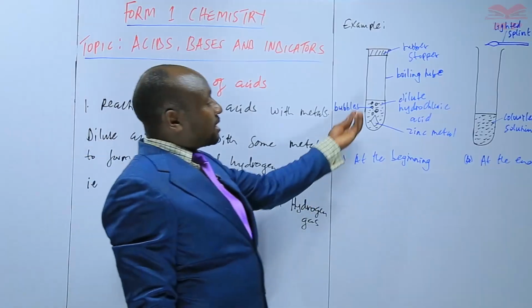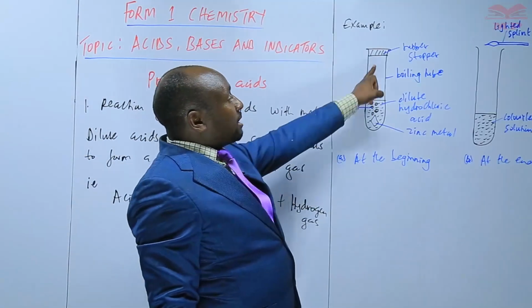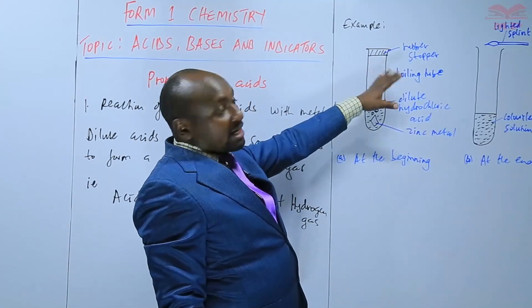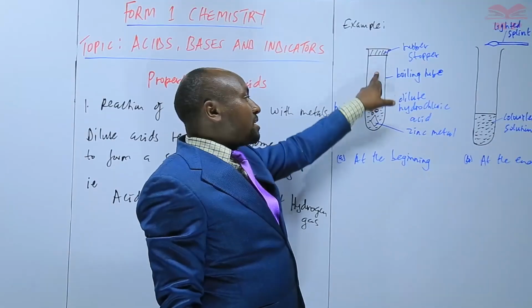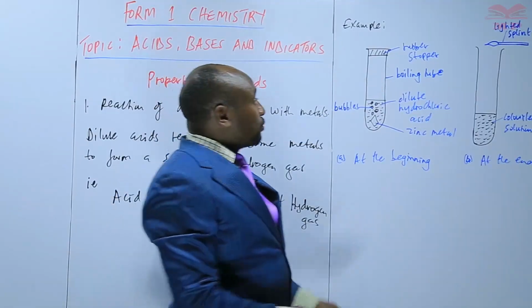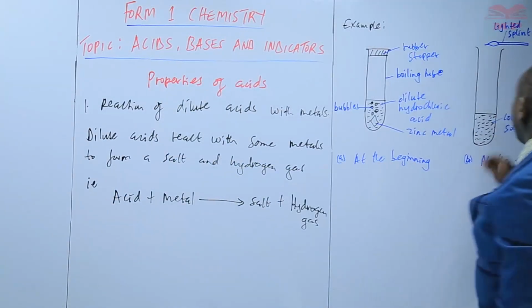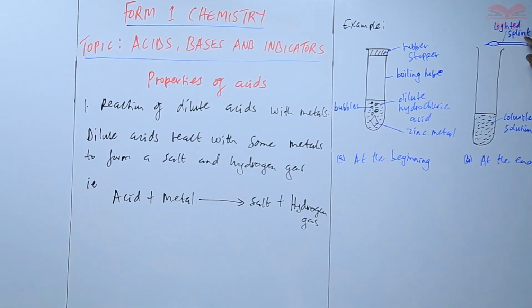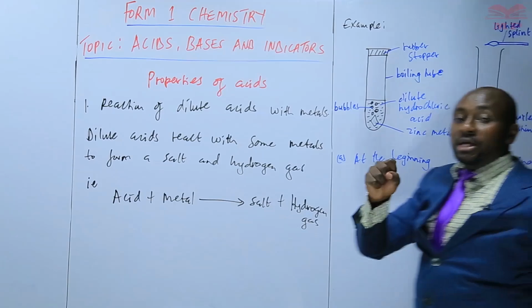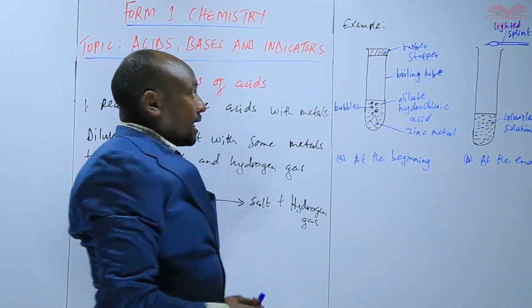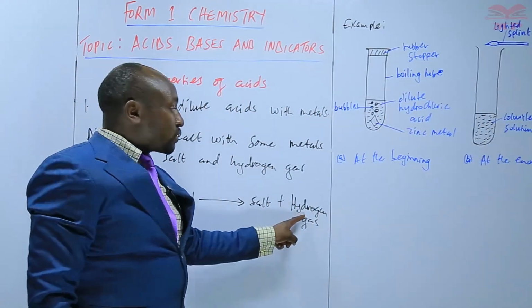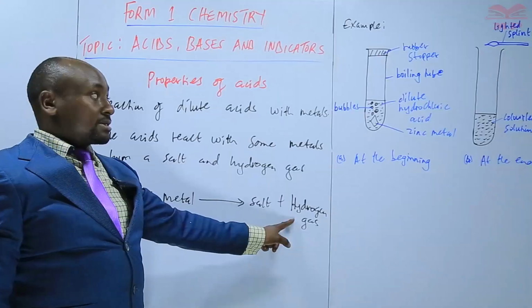The rubber stopper is put to prevent the gas from escaping, so the gas remains here. At the end, we remove the stopper, and then we put a lighted wooden splint that is burning at the mouth here, and you will find that this splint will burn with a pop sound. That pop sound is an indication that the gas is hydrogen gas.